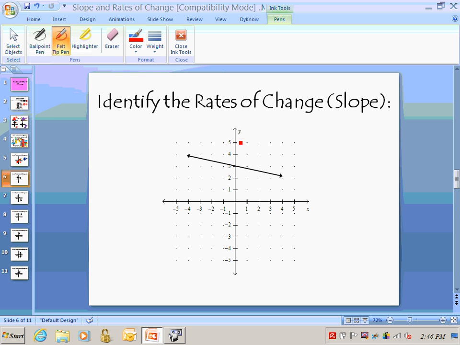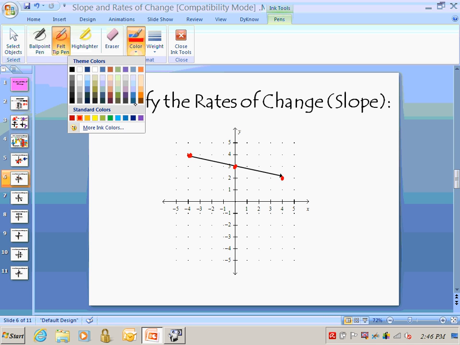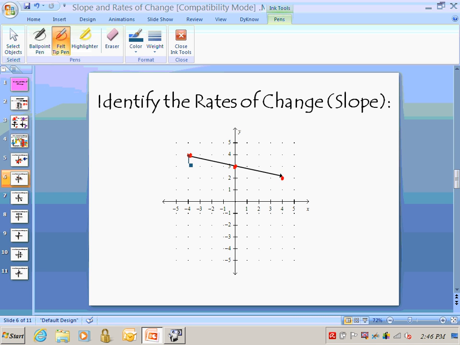Okay, here we go again. I have a point here. I've got a point here. And it's supposed to be going through that point there. So what we're going to do now, my rise goes down, so negative 1.